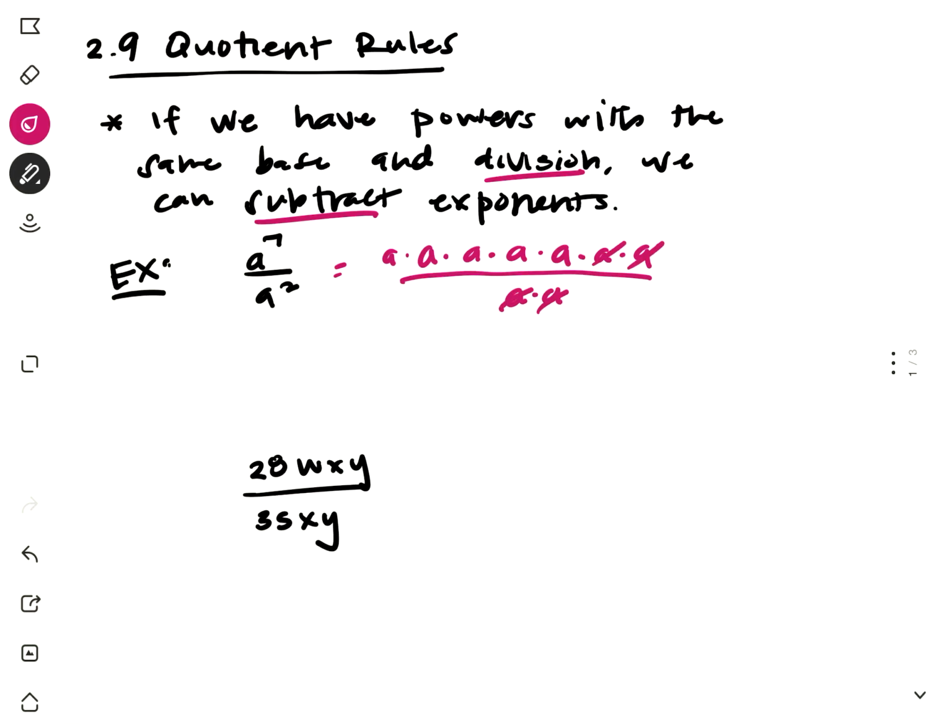So then we're left with a to the 1, 2, 3, 4, 5. So what the quotient rule is saying is the easier way to do it is anytime we have a division and the same base, we can subtract our exponents. So 7 minus 2 gives us our 5.